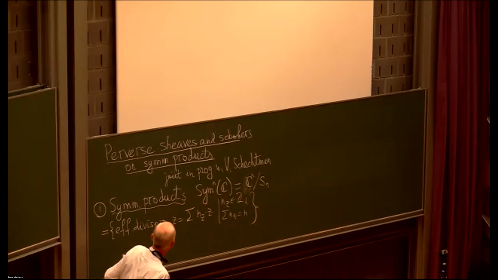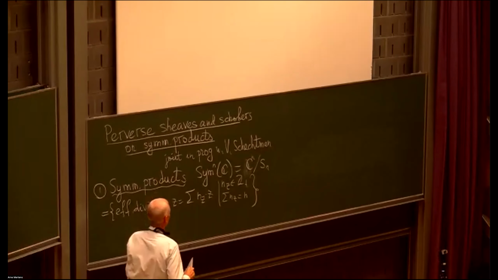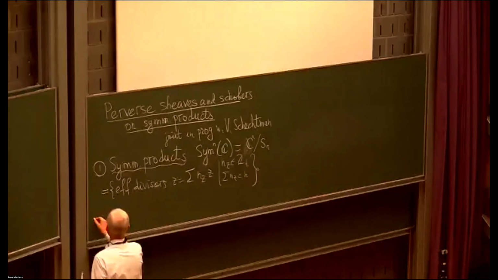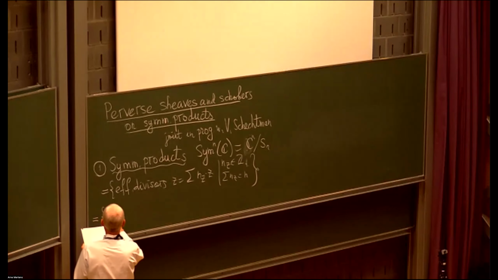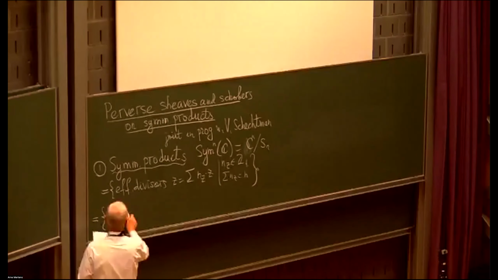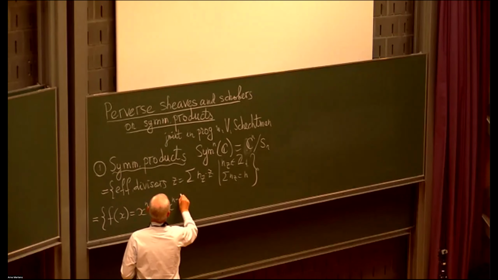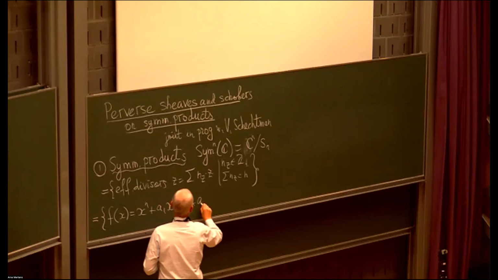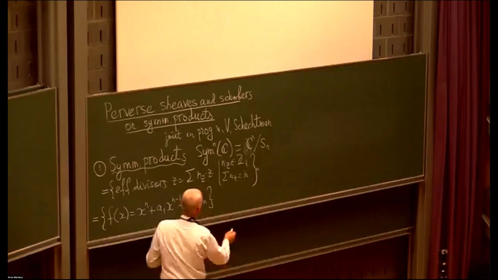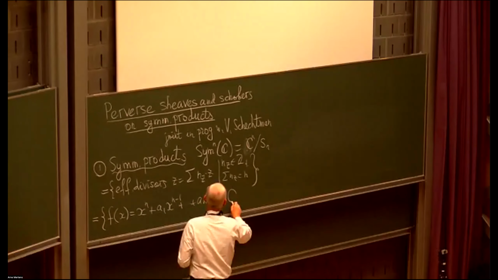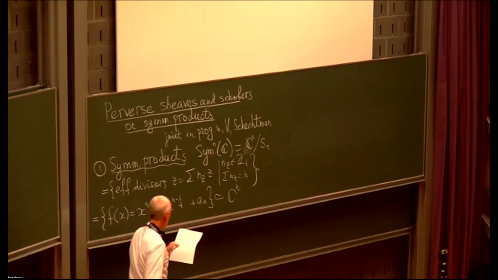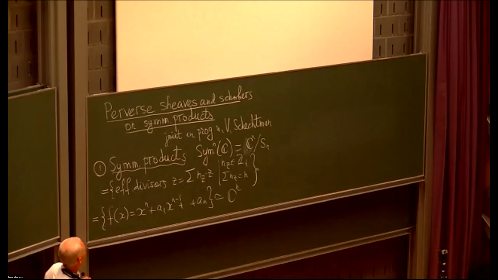Of course, this space is known to be the affine space. It's the space of polynomials f(x) equals x^n plus a_1 x^(n-1) plus ... plus a_n, so it is identified with C^n again. But it has a natural stratification.